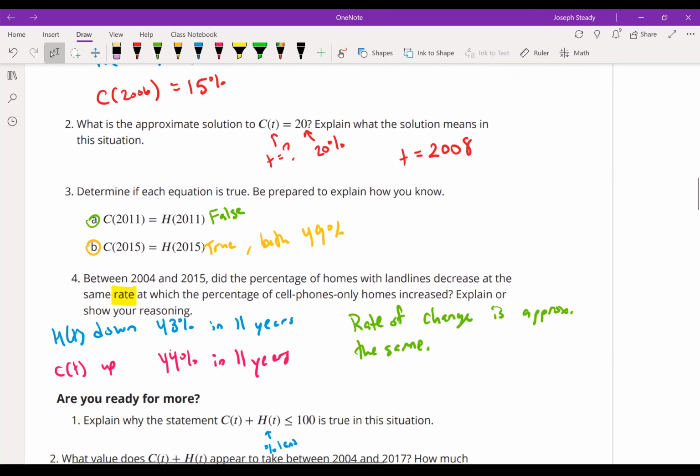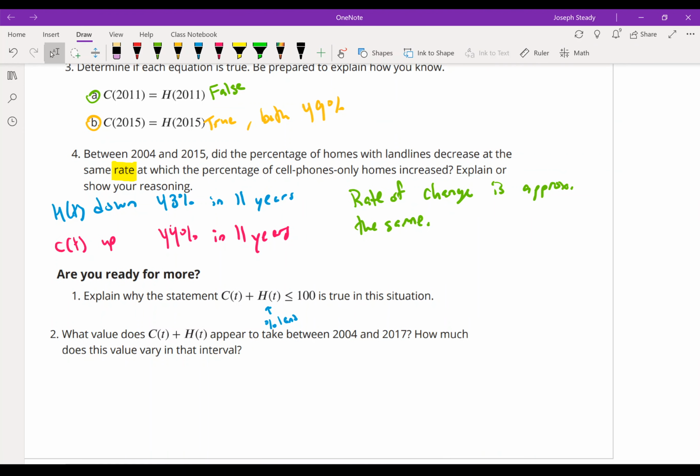So in other words, if you have both a cell phone and a landline, you are not counted in the C of t, so this percent that have only a cell phone. That makes it impossible for the two of these together to be more than 100%. Let's say, for example, that the percentage of people with a landline was like 70%.